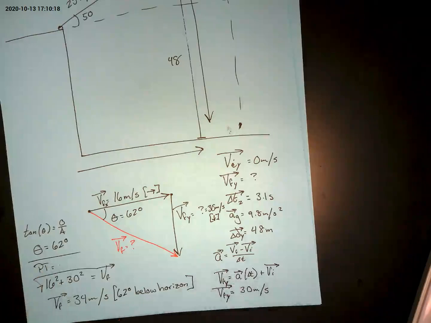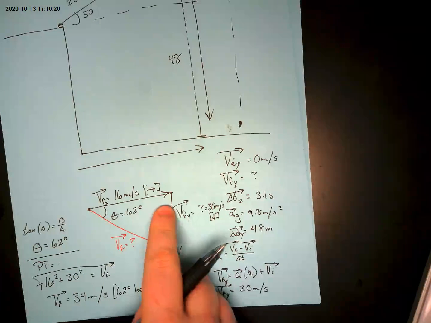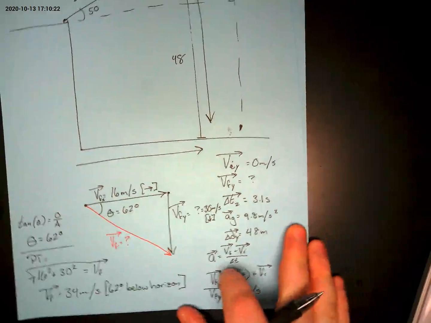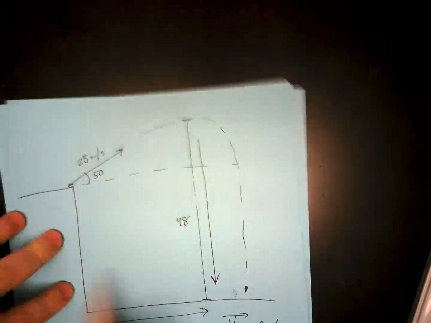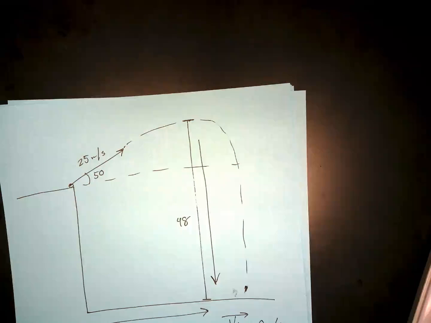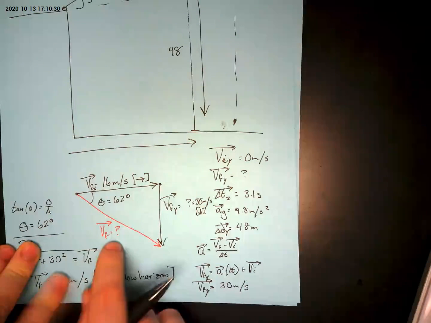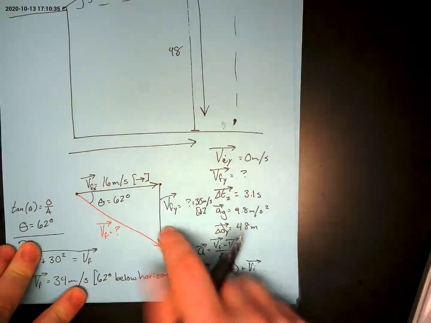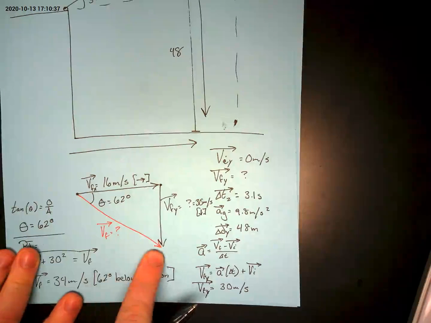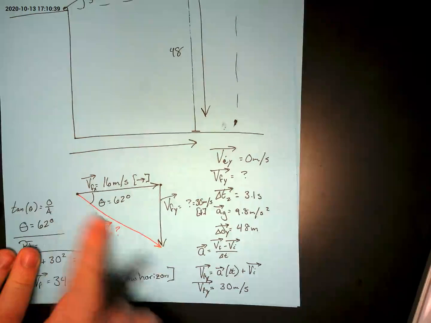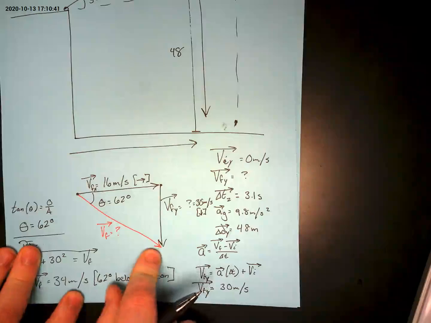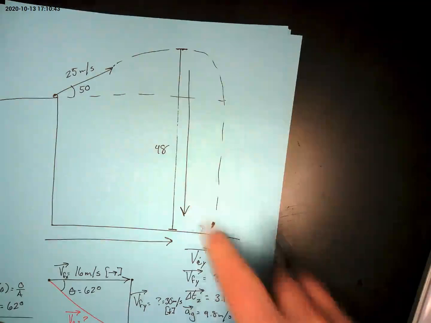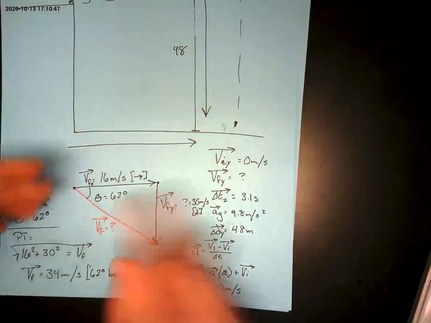So how do I know it's below the horizon? Well, if I just look here at my triangle, this right here is going to be the horizon, and really just this as well. It's moving downwards, because our general motion, from here to here, is in this direction, so it's below the horizon.